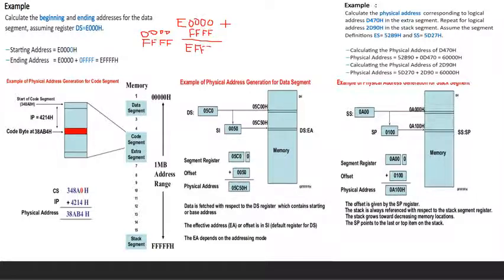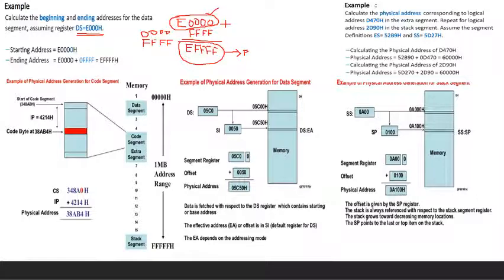So the starting address is E0000, and the ending address for the data segment is EFFFF. This is the ending physical address, and this is the starting physical address for the data segment given in the example.